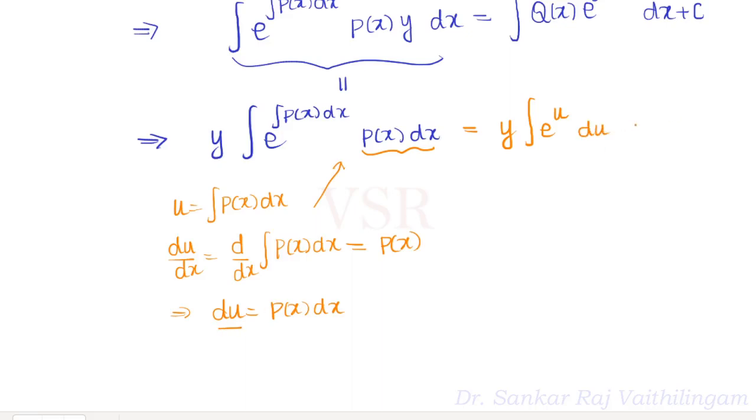And what is the solution? This is equal to y into e to the power u, so that is equal to y into e to the power integral p of x dx. So this is the solution. புரியுதுங்களா?